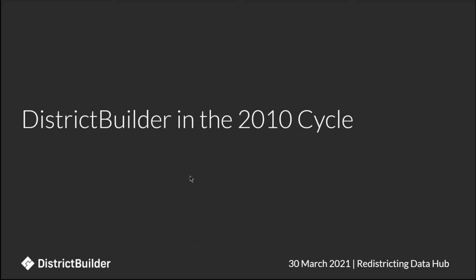District Builder nowadays is not the same District Builder as when we originally started building it. We originally built District Builder back for the 2010 redistricting cycle, and the census data and reapportionment around that time.